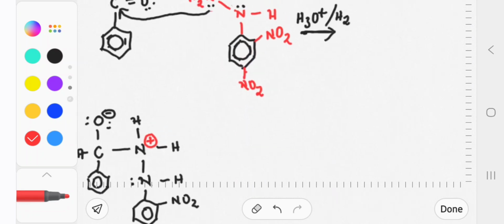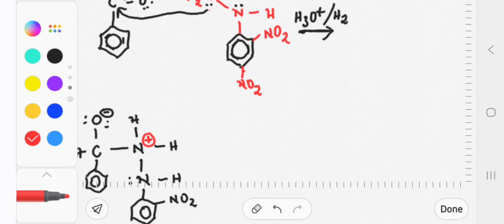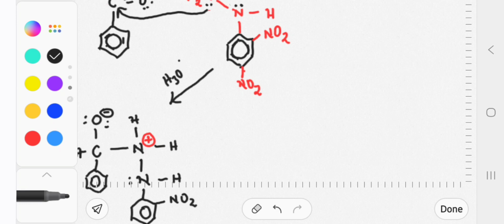Now I can have this arrow. Let's do something here. Let me show the arrow this way. This is what is happening. So remember the acid and water.